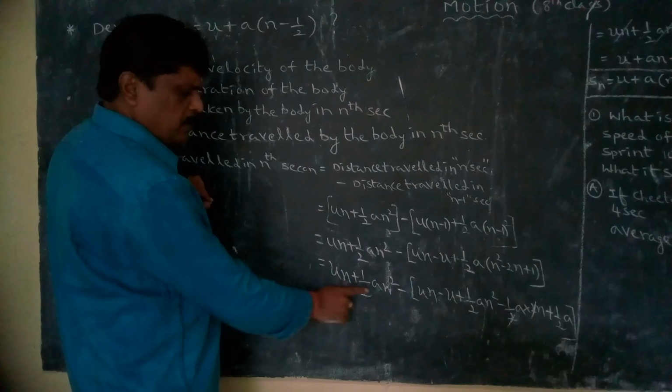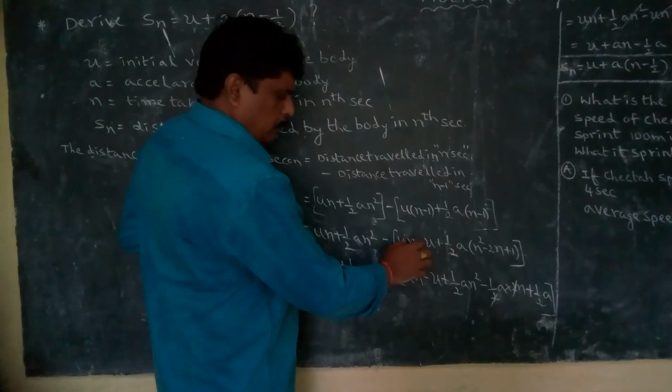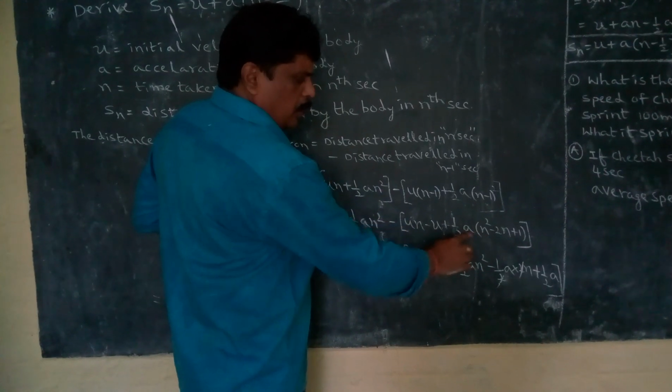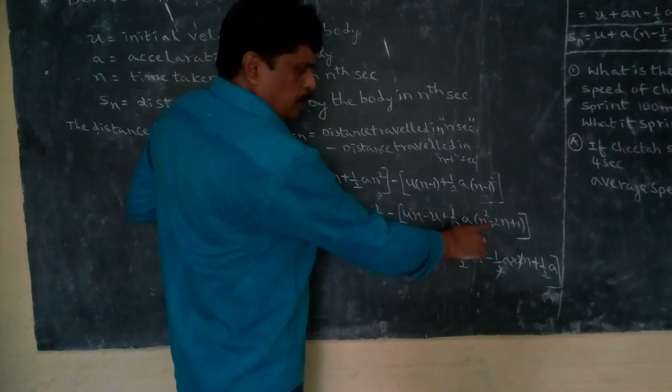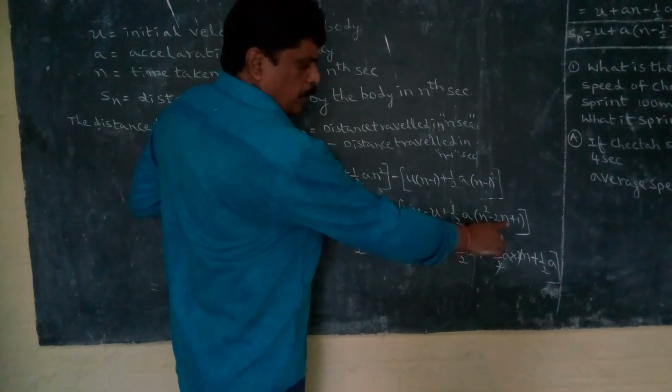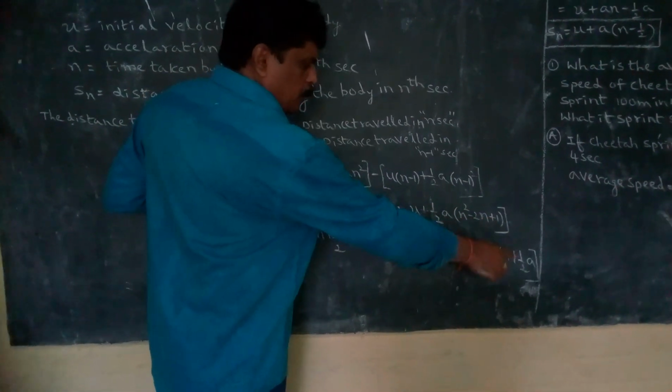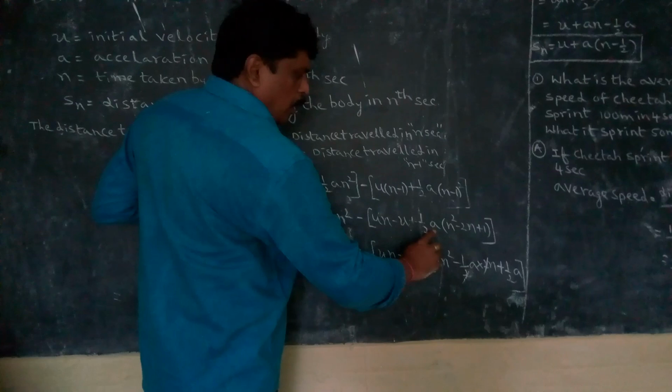Next, un plus half an square minus un plus u plus half a into n square is half an square, plus into minus minus half a into 2n, here 2 is cancelled, and plus into plus is plus, half a into 1 is half a.